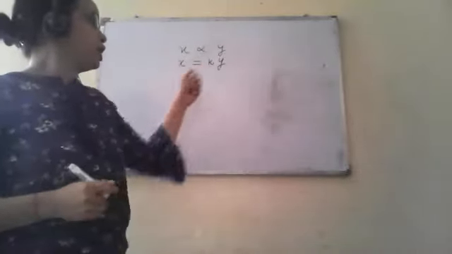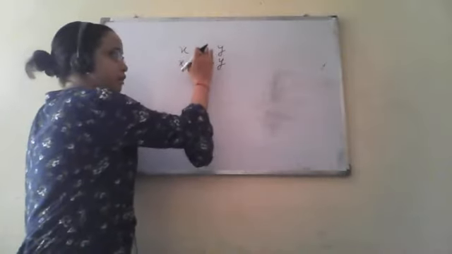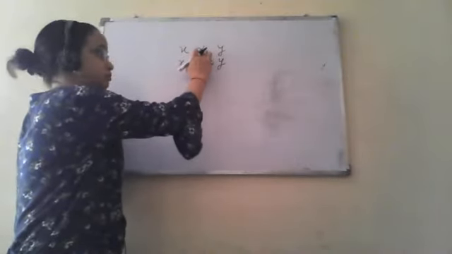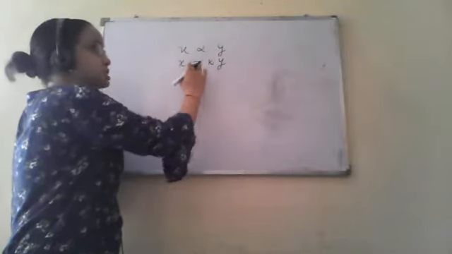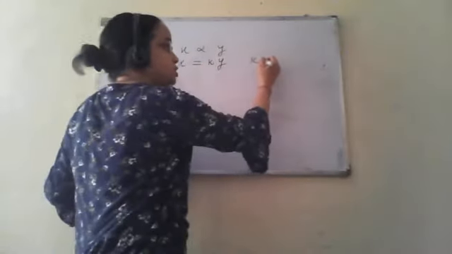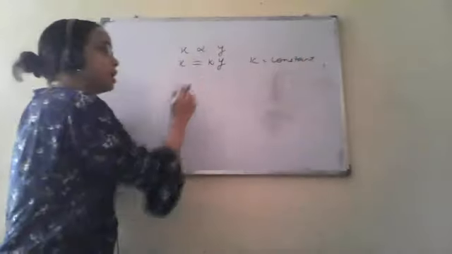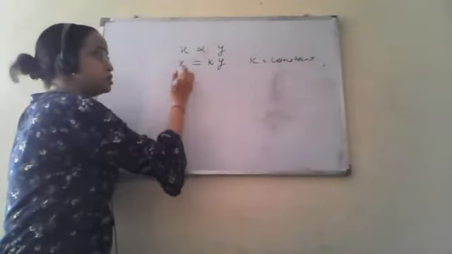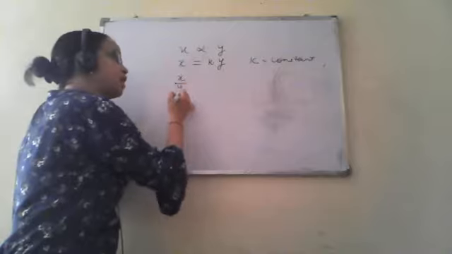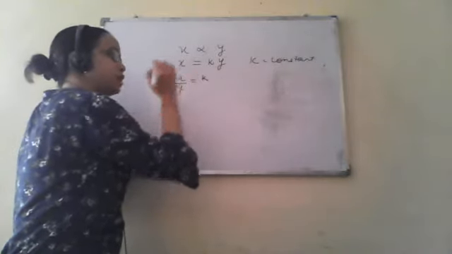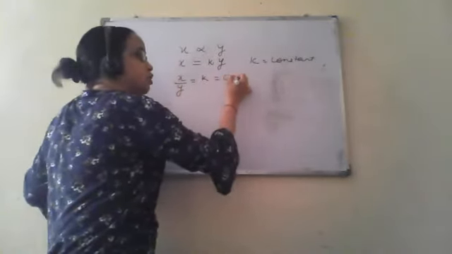So x is equal to k times y, where k is constant. The value of k will never change. If we bring this y to this side, it becomes x upon y is equal to k, a constant.